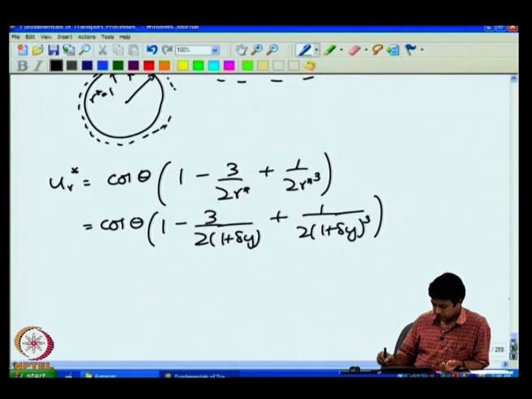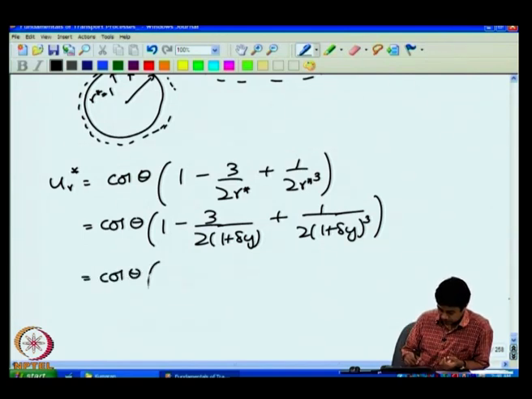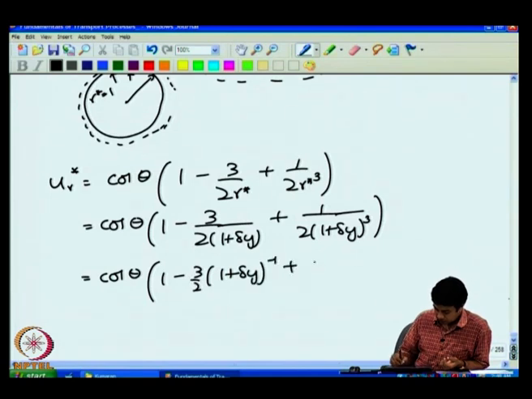Okay. Now, I can use a binomial expansion in this small parameter delta.